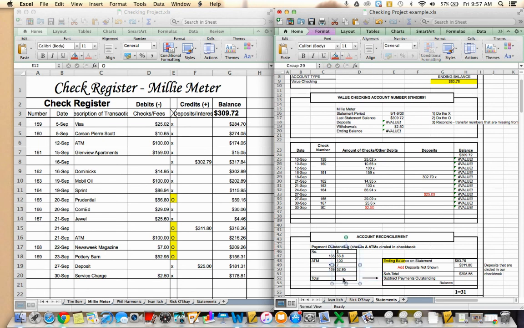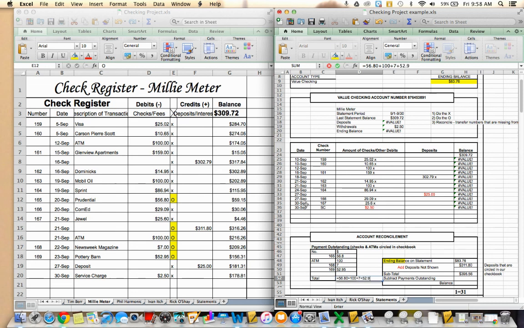And so I'm going to total it up. So in my calculator, I'm going to add 56.80 plus 100 plus 7, plus 52.95.